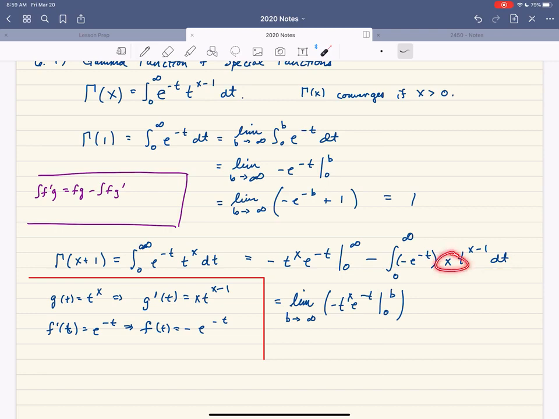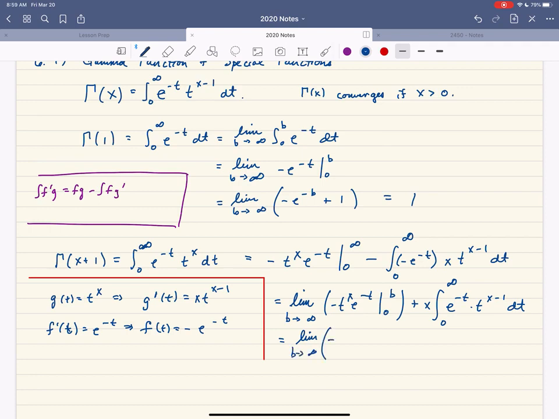That means that x is a constant, and therefore this x can be brought out. The negatives are going to make a positive, and if I do both of those changes, I end up with plus x times the integral from 0 to infinity of e to the negative t times t to the x minus 1 dt.